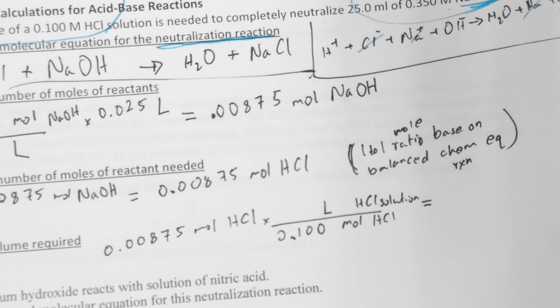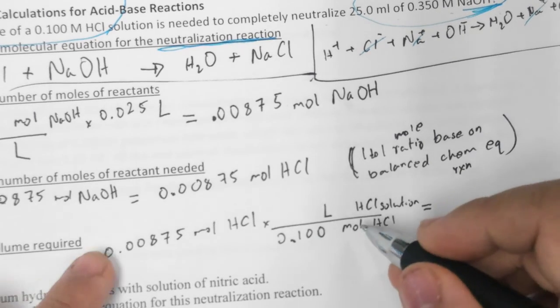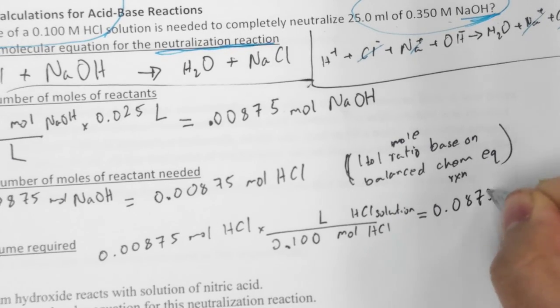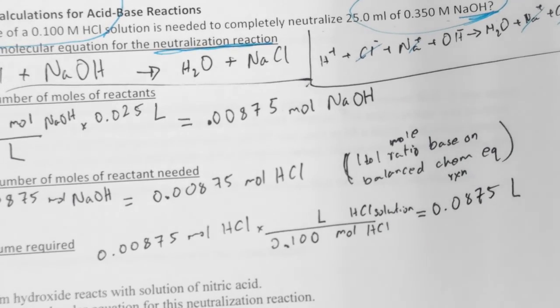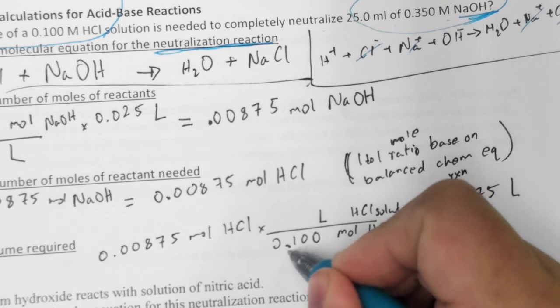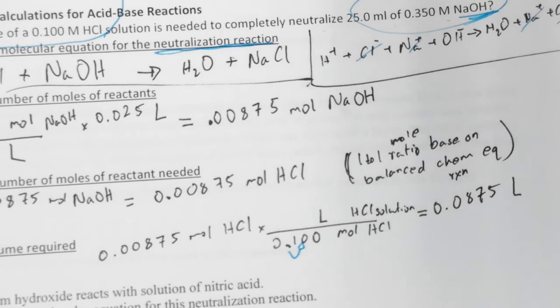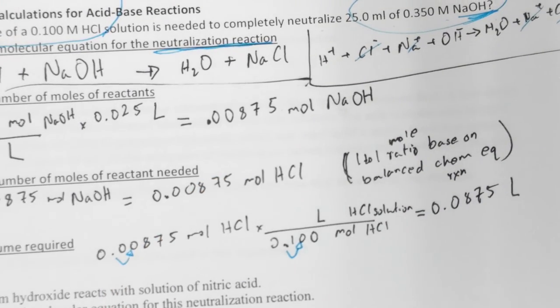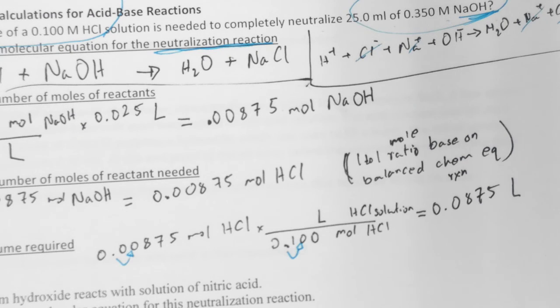In case you don't know, dividing by 0.1 is the same thing as multiplying by 10. Okay, so move it up. 0.0875 liter. In case you don't know, this is what I do in my head. Literally this. I move that one over, I move that one over. The decimal place can be pushed left and right as long as you push it correctly.